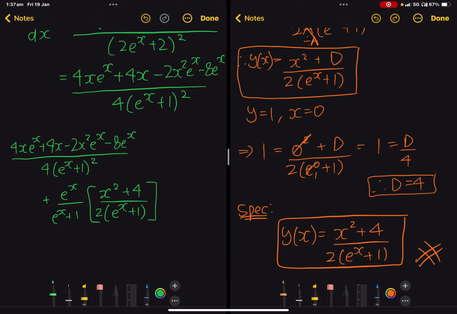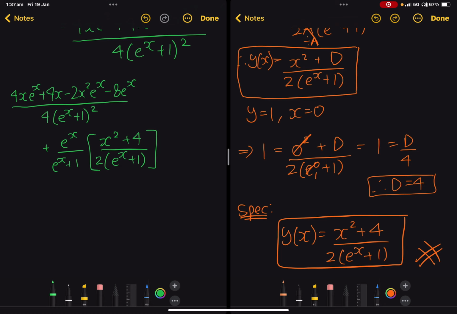So if we expand this second term, we could also cancel everything in the first term by 2, divide everything by 2. This becomes 2, this becomes 2, this becomes 1, this becomes 4, this becomes 2. We're doing that because we're going to get to 2 down here. So this whole thing becomes... these will now have a common denominator, by the way, because (e^x + 1) times 2 times (e^x + 1) will be 2 times (e^x + 1) squared.